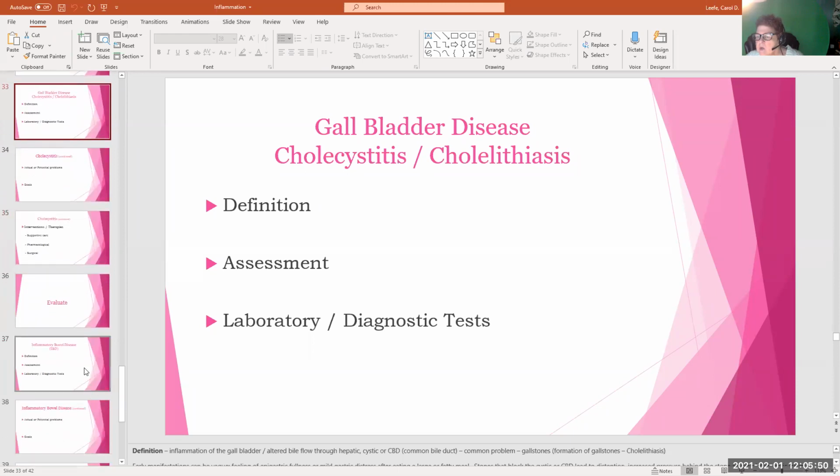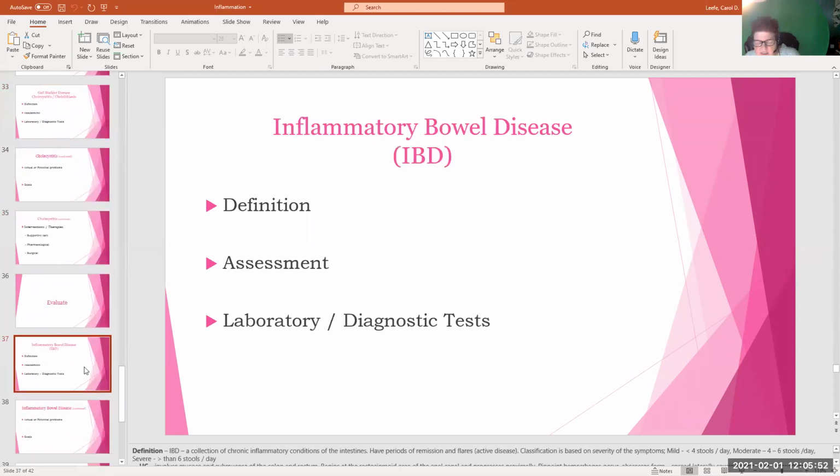Okay, so we're going to get to inflammatory bowel disease, which is a collection of chronic inflammatory conditions of the intestines. They have periods of remissions and they have periods of exacerbations where the disease is active and acute, okay?